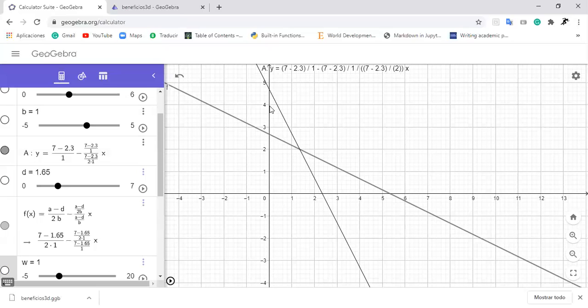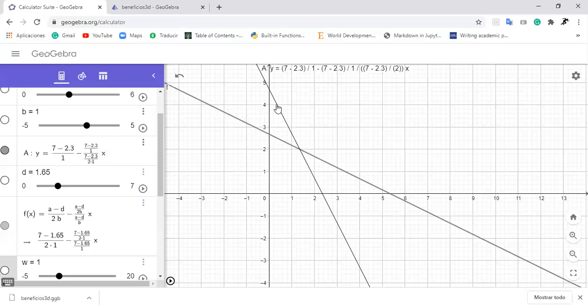Another example is this point. At this point, firm number 1 is reacting and is producing something like 0.4 units, while firm number 2 is producing 4. So this is the combination 4 and 0.3, maybe 0.2.